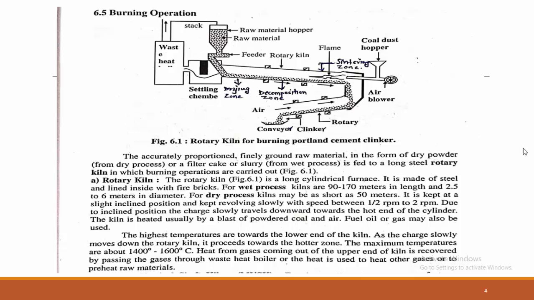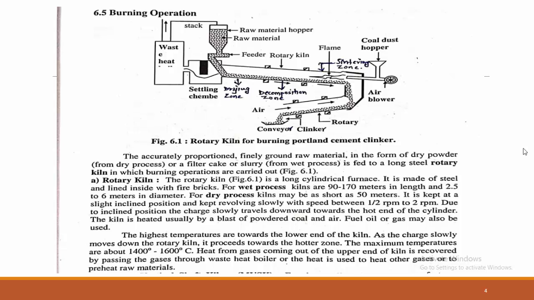If you observe carefully, the cylinder is slightly inclined. Why is it inclined? Because the raw materials move from left to right, from the top to the lower side. At the lower side there is the burner, where the highest temperatures are, because as the materials move toward the burner their temperature increases.